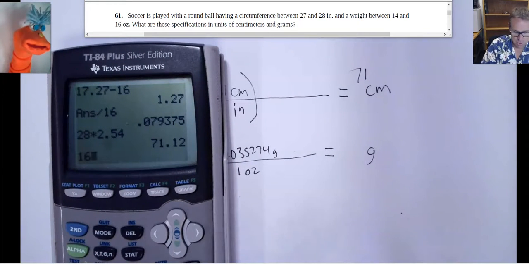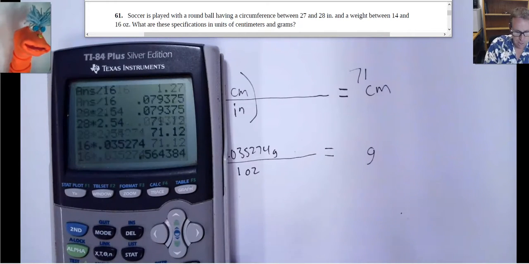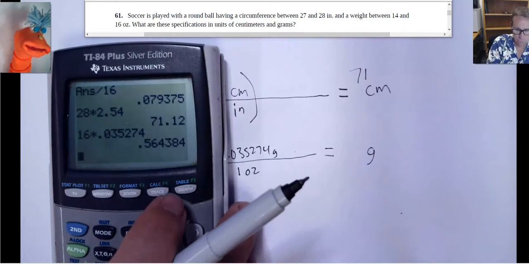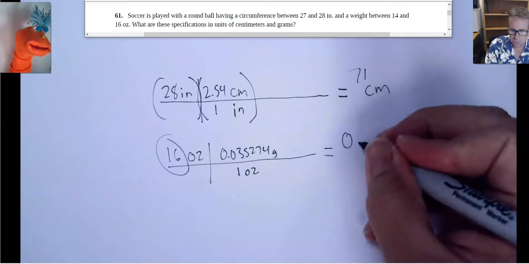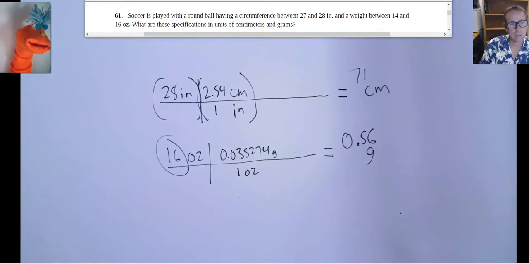So, again, 16 times 0.035274, and my answer is 0.564. But I only have two significant figures, 0.56 grams.